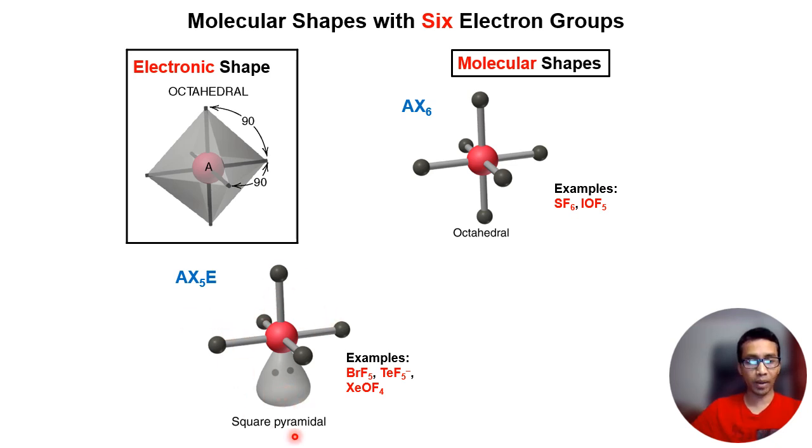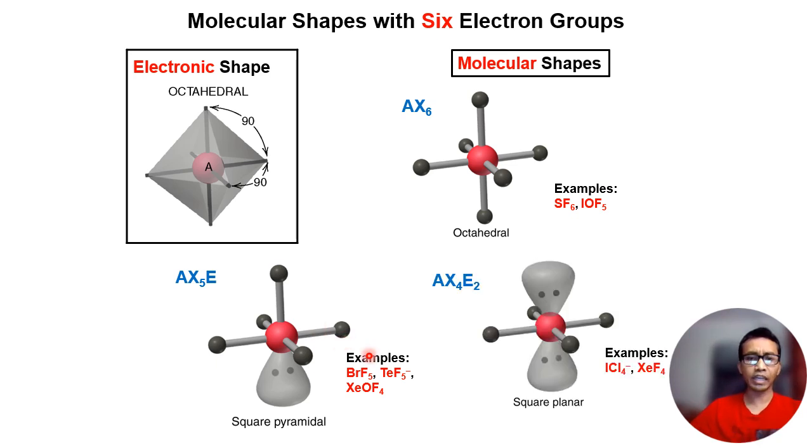It's called square pyramidal because it has a square base for the molecular shape, and then you can form a pyramid on the square base, so it's square pyramidal. And then in this case, the square planar molecular shape. Remember, all of them have the same electronic shape of octahedral, but the molecular shape for each of them is different because we are considering only the bonding pairs of electrons when we are describing the molecular shapes.